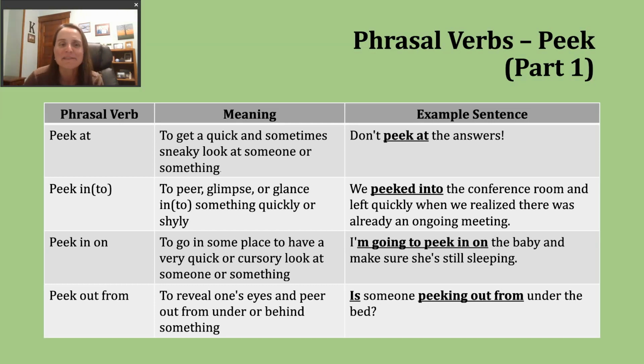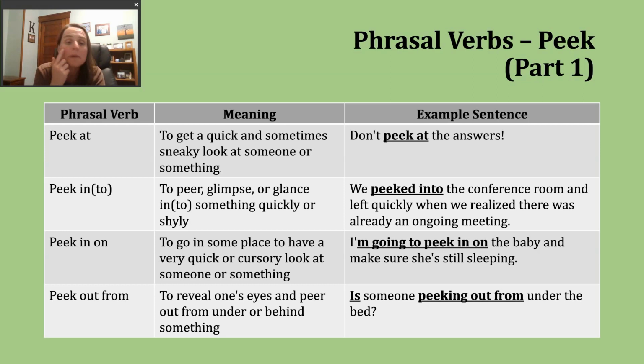And then leave. Another phrasal verb you might encounter is to peek out from. I believe this can have a couple meanings. The first we're going to discuss is to reveal one's eyes and peer out from under something or from behind something. Again, we might think of a small child kind of playing games, maybe trying to hide.